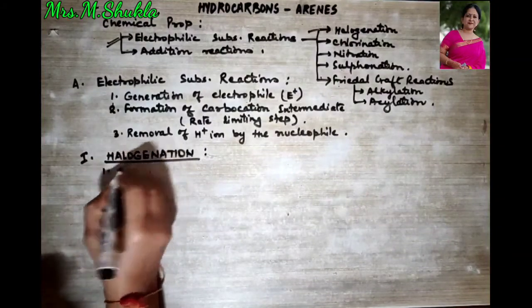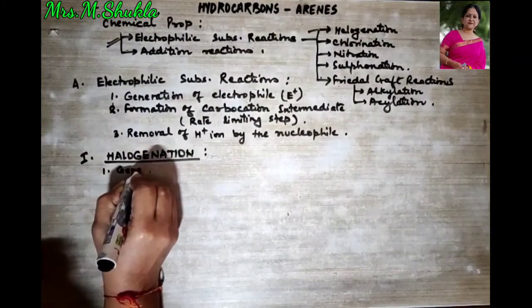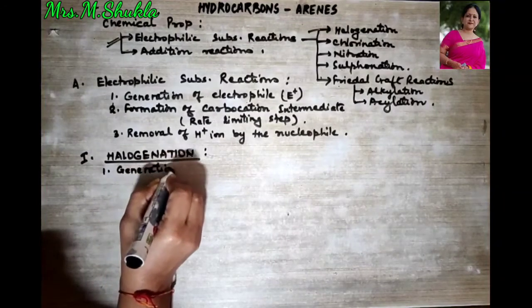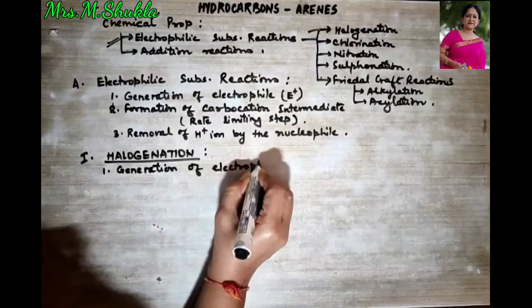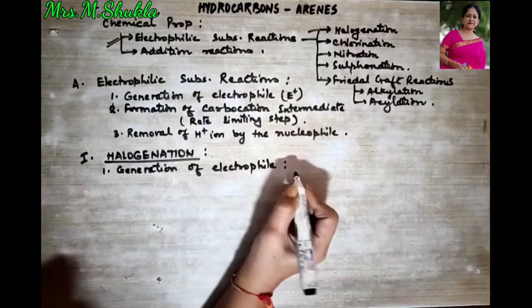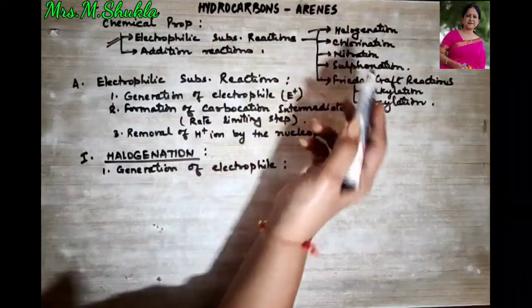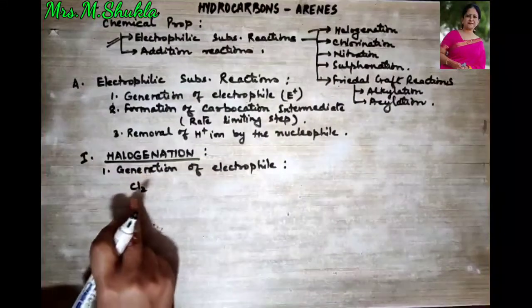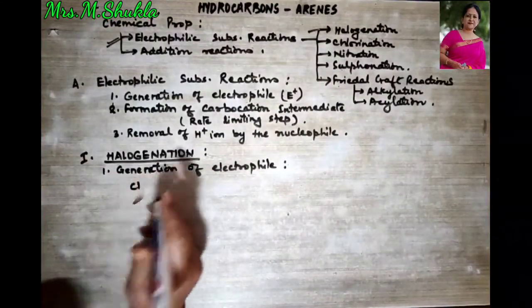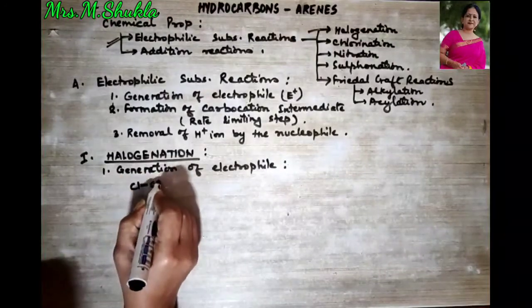So my first step goes, what was that? Generation of electrophile. Okay, so let's take over here a halogen, like for example Cl2. This could also be written like Cl-Cl.